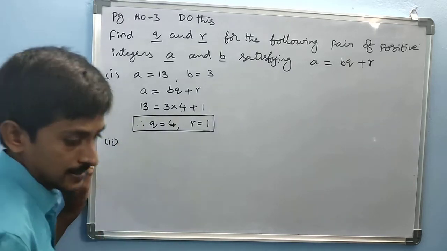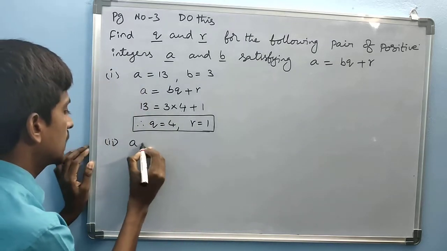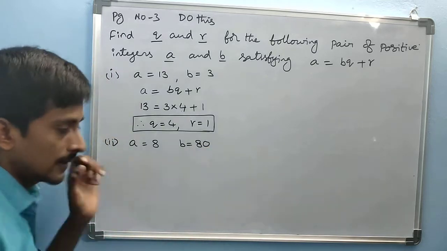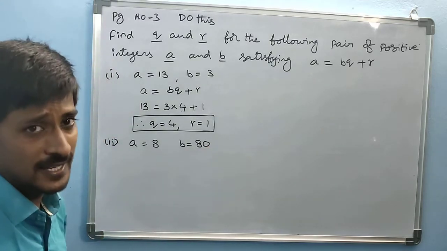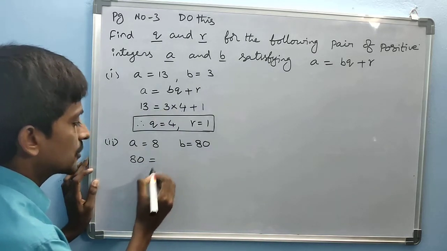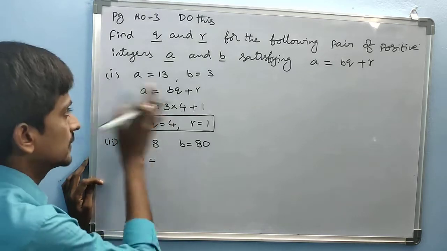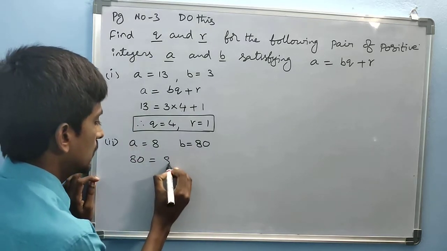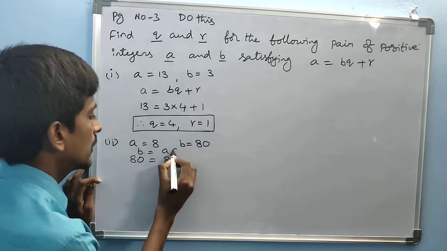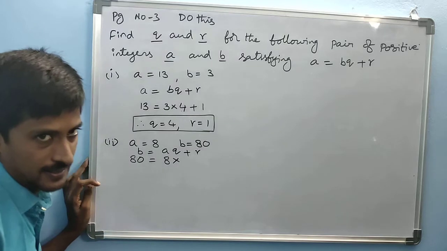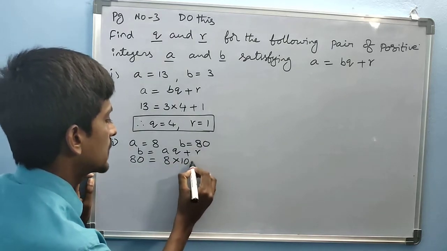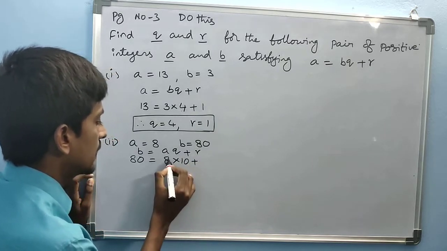And the second one is A equals 8, B equals 80. Here the big number is 80, so the first step is the same. 80 equals, the big number we take first, 80 equals 8 into Q plus R, the form A equals BQ plus R. 8 into how many times? 10 times, 8 tens are 80.